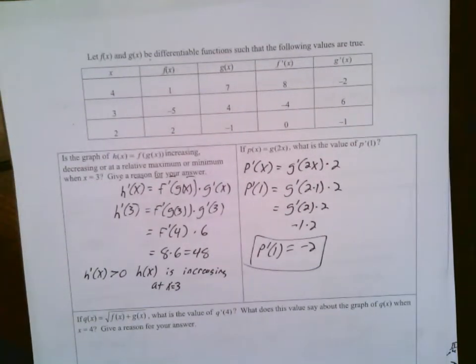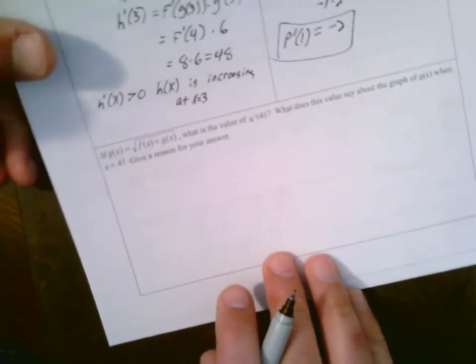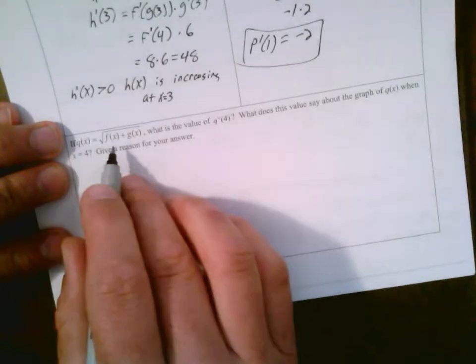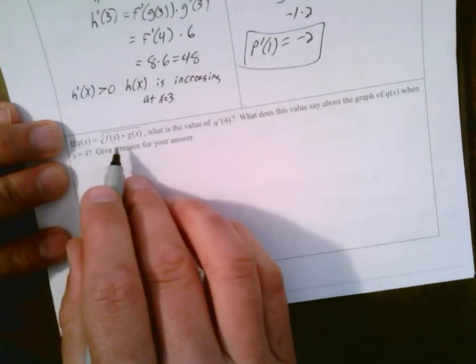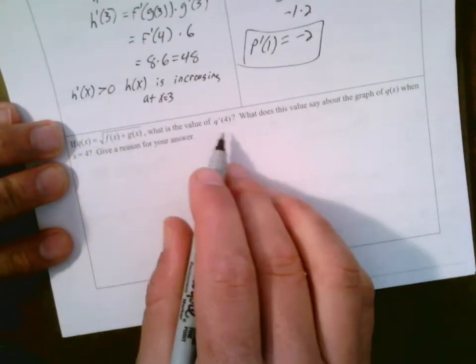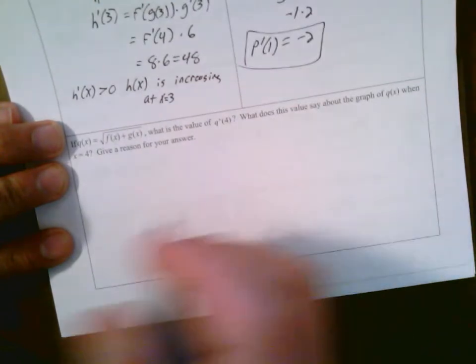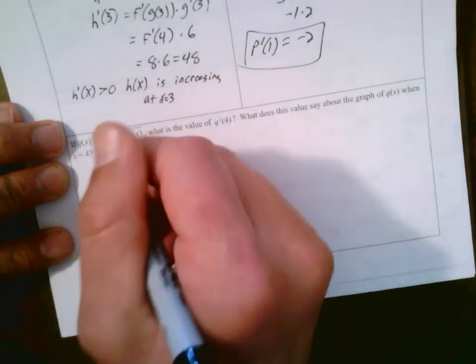And then the last one. If q of x equals the square root of f of x plus g of x, what is the value of q prime of 4? So I need to find out what q prime is.